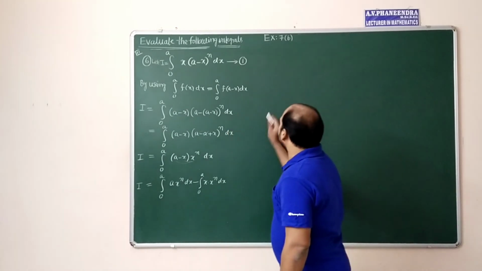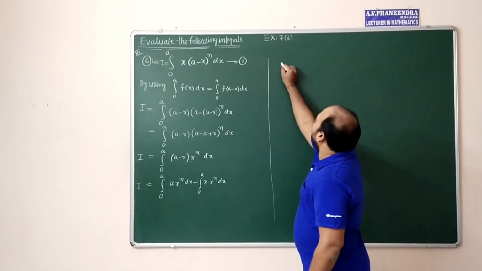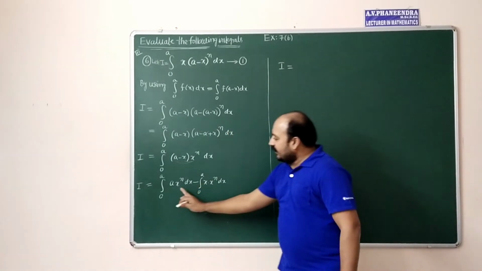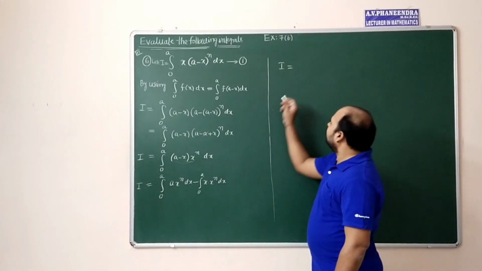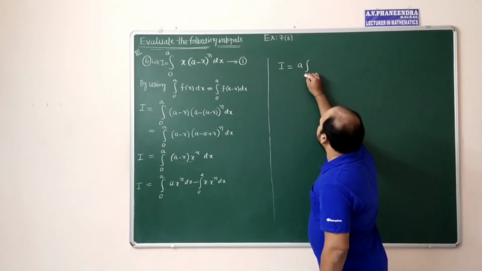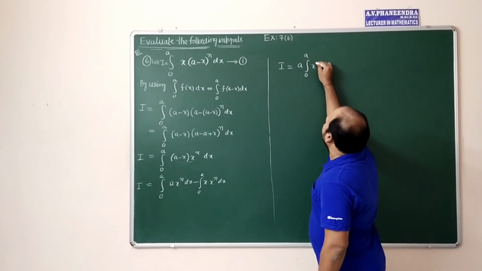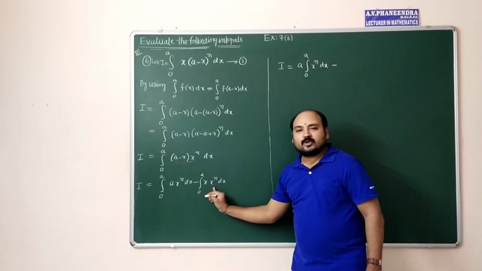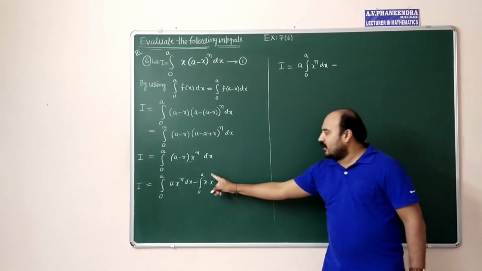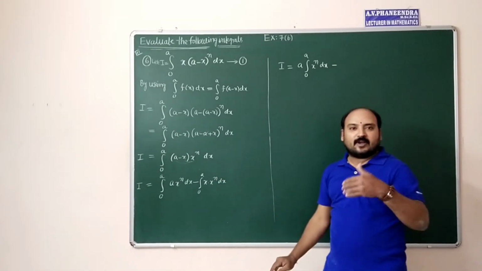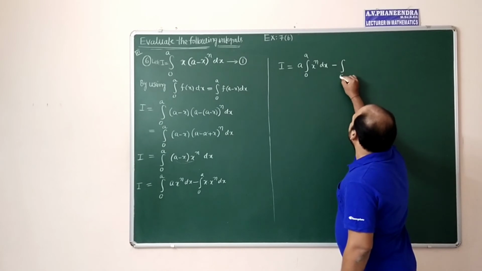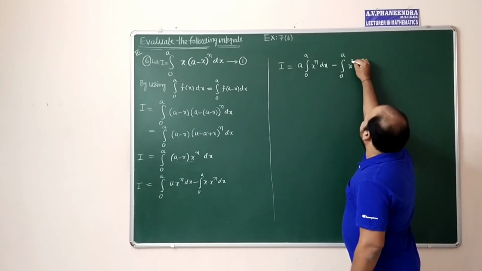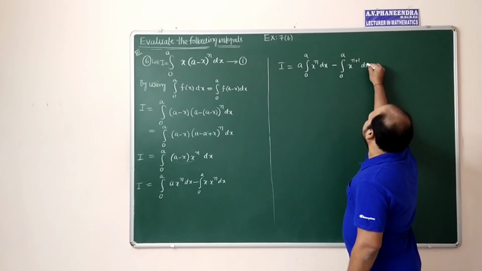So I equal to, here a constant you can take outside. So a into integral 0 to a x power n into dx minus, bases are equal, powers should be added, x power 1 into x power n is x power n plus 1, integral 0 to a x power n plus 1 into dx.